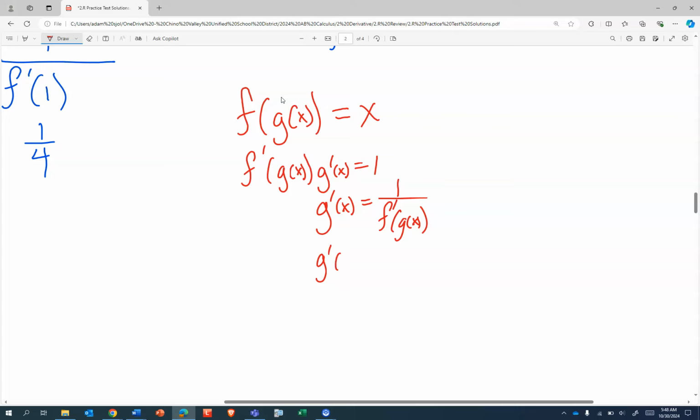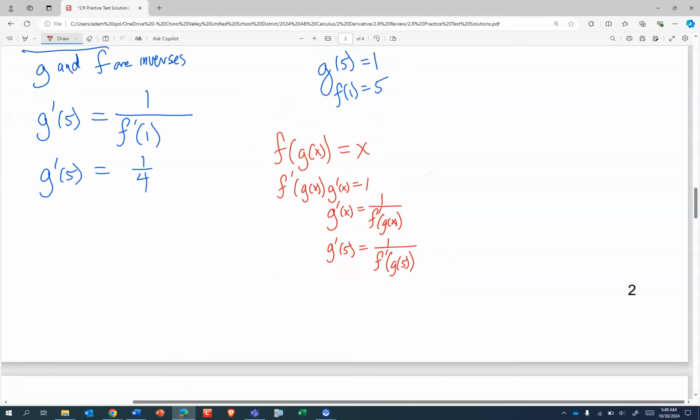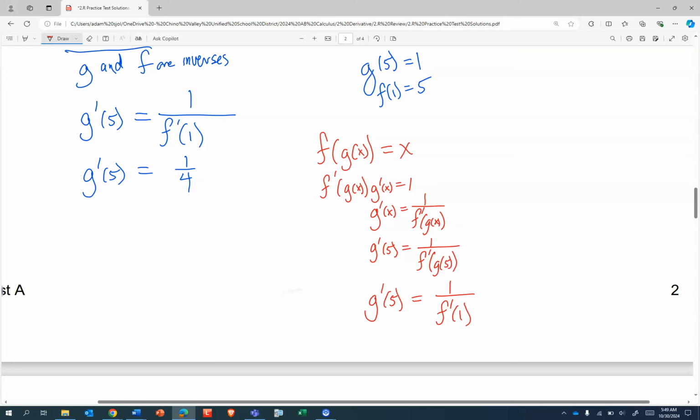And g prime of 5 is 1 over f prime of g of 5. And wouldn't you know it, one of the first things I wrote down was that g of 5 is 1. So g prime of 5 is 1 over f prime of 1, like I had originally said, memorized, whatever. But that's a nice backup in case you forget the relationship.